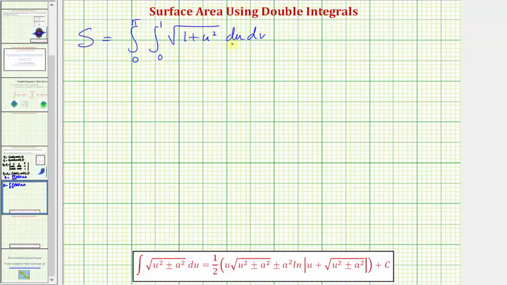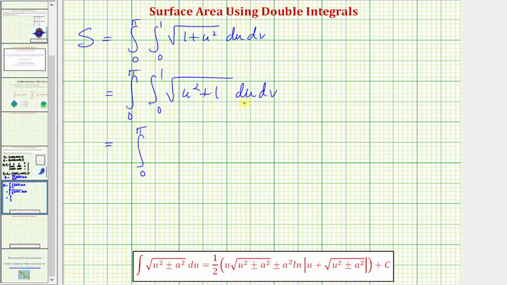When we integrate with respect to u, though, it's very challenging to find this antiderivative, so we're going to use the integration formula shown here below from an integration table. But to make it better fit this formula, let's rewrite this as the quantity u squared plus 1 rather than 1 plus u squared. Looking at the integration formula below, notice how a squared is equal to 1, and therefore a just equals 1.